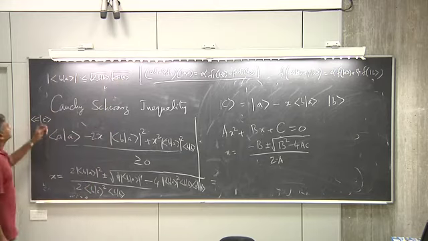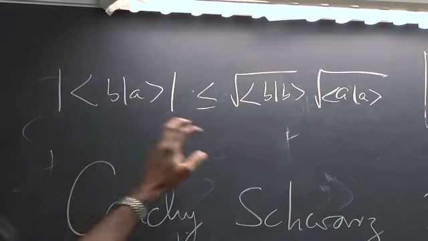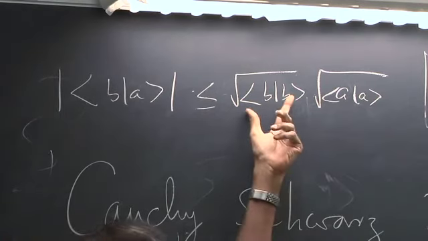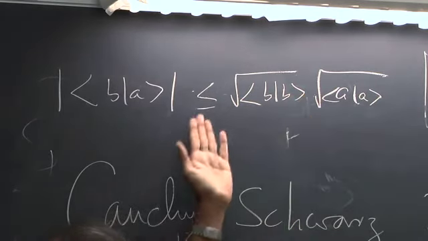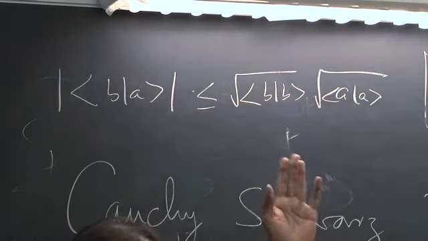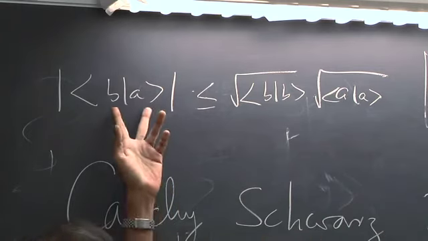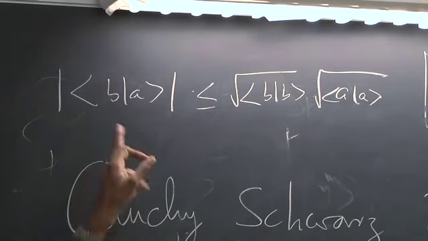Well, if the scalar product of B with A was 0, then this is a triviality, nothing to prove here, because for sure the right side is non-negative. 0 is less than or equal to something non-negative. So there's nothing to prove if this was 0, and the only non-trivial case is when this is not 0.